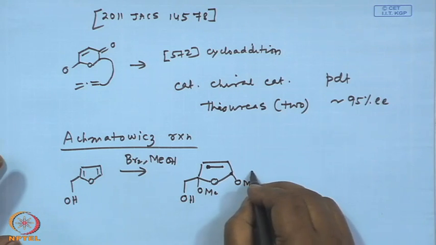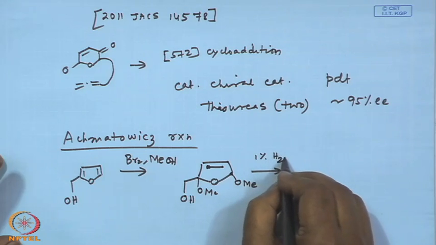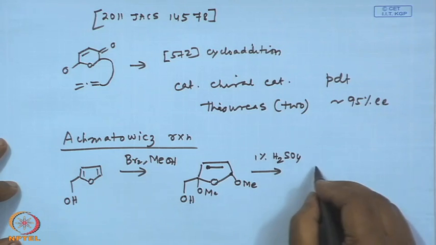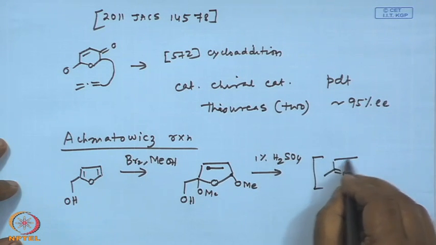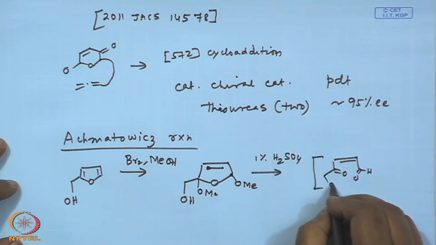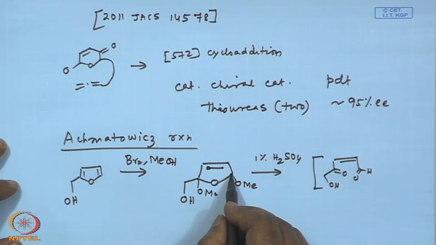Okay. But if you treat with 1% sulfuric acid, that means very dilute sulfuric acid, what you will see, this is actually what happens, this is equivalent to a 1,4 dicarbonyl compound, right. So, these central carbons are equivalent to basically acetals and ketals.